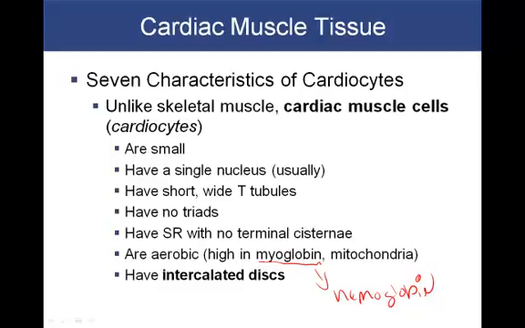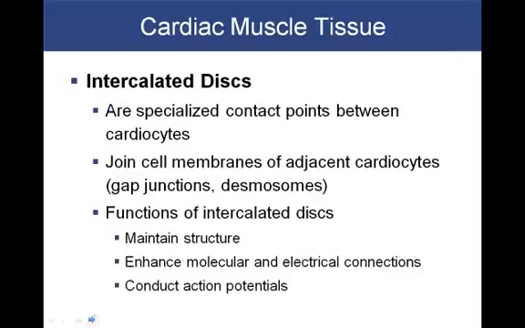Another characteristic found in cardiac muscle cells, you may or may not have seen these in lab, depending on the quality of the slide, are the intercalated discs. And we'll talk more about the function of these structures later. In fact, right now. Intercalated discs are these specialized connections between cardiocytes.